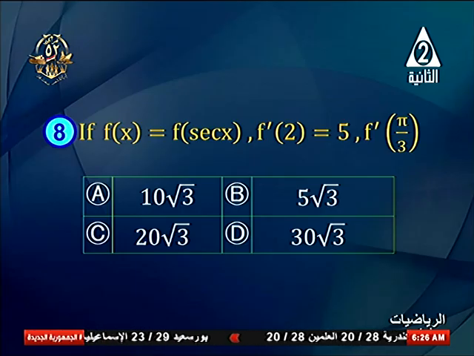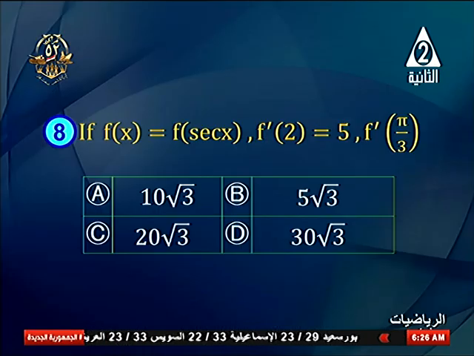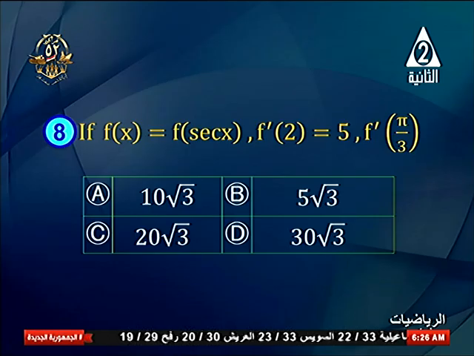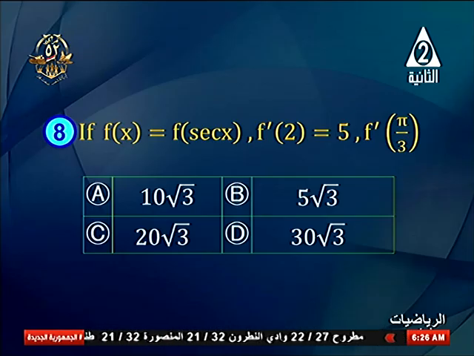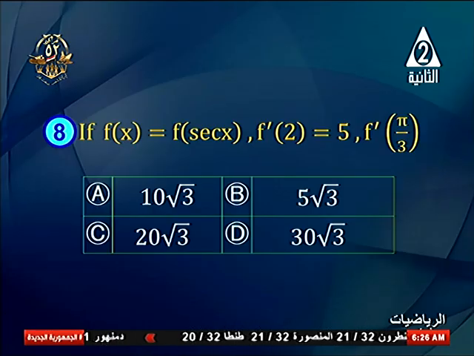What is the given? f dash of 2 equals 5. In this case, when sec x equals 2, what is x? What is required? f dash of pi over 3, where pi over 3 equals 60 degrees.